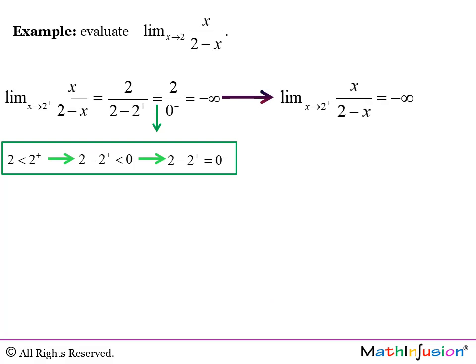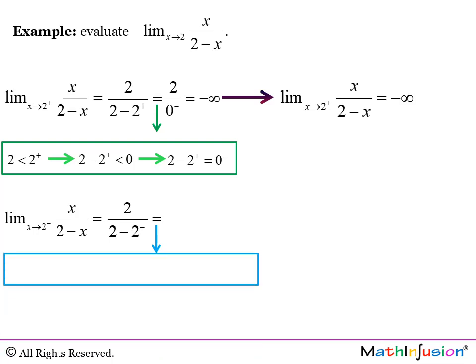Now we are going to take the other sided limit, the limit when x approaches 2 from the left. We have to repeat and do the same thing here. 2 is more than 2 minus. So if you take away less than 2 from 2, you get something positive. Very tiny, but positive.